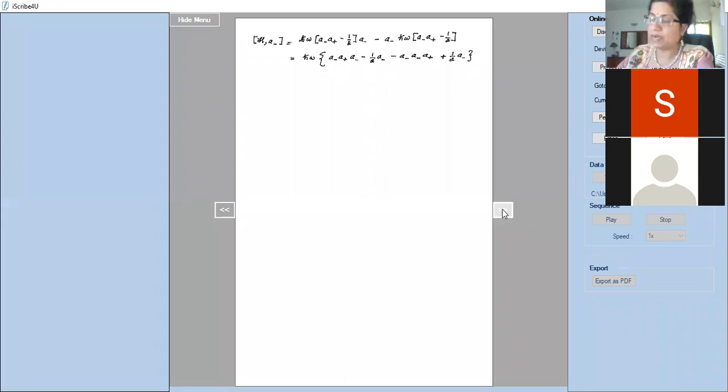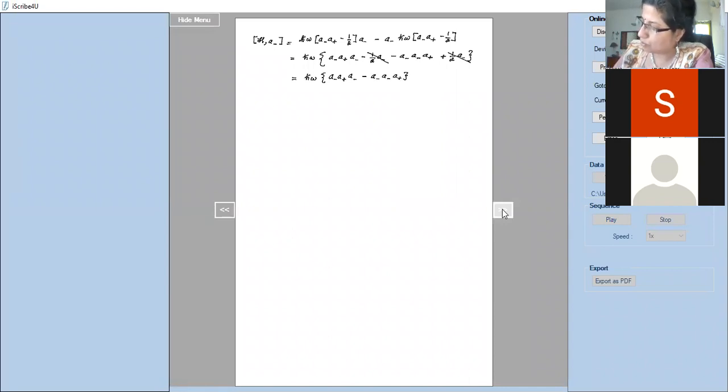Please remember this term and this term will automatically get cancelled. Now you're essentially left with H cross omega, and then A minus A plus A minus, minus A minus A minus A plus.